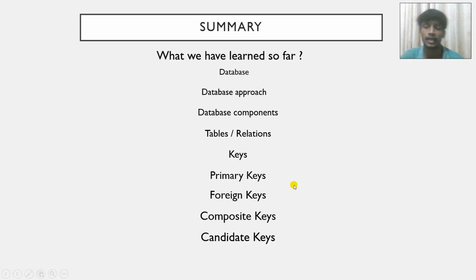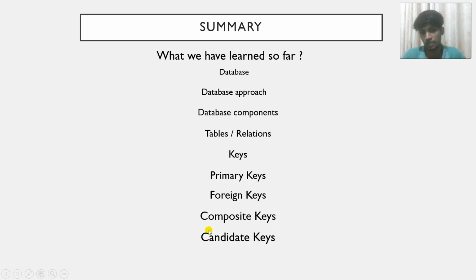Then we came to candidate keys. A candidate key is basically a key attribute or a tuple of key attributes, which means a set of key attributes. These three types of keys, primary keys, foreign keys, and composite keys, are chosen from the candidate keys.